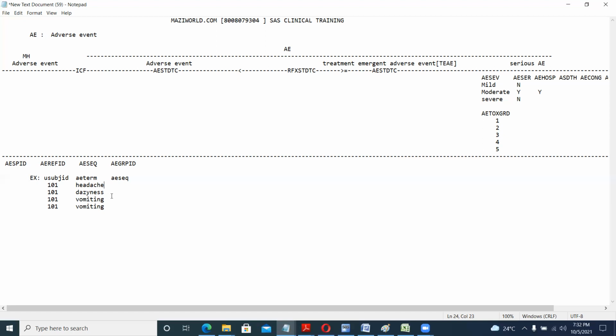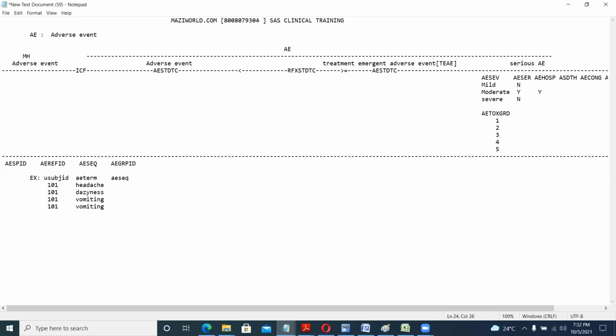Just keep this point in your mind. You should never apply the AESEQ at the beginning or in the middle of the code. At the end, before you complete your entire programming, in the final step, you need to apply the AESEQ.